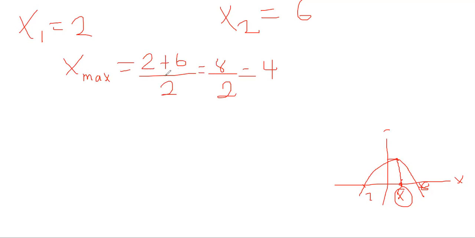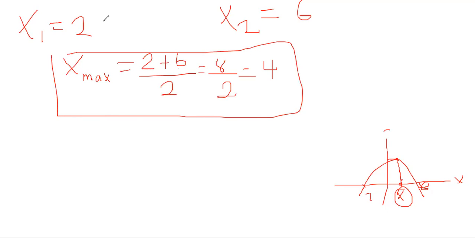In fact, it will make more sense drawing the graph, then you will see what I mean. For now, what is important is to know that to find this 4, we found the average of the two roots. So 2 plus 6, divided by this 2, which is always constant. It will always be there.